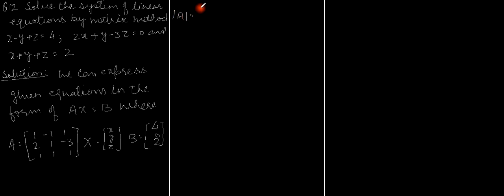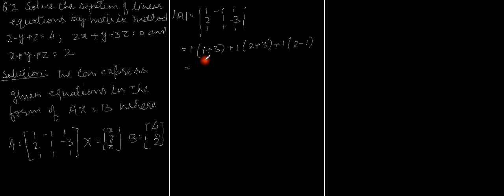So for the determinant of A, we write the given matrix in the form of a determinant. The elements are here 1, minus 3 and 1. So we find the determinant of A expanding along R1. So it comes 1 into (1 plus 3), minus (1 into (2 plus 3)), plus 1 into (2 minus 1).